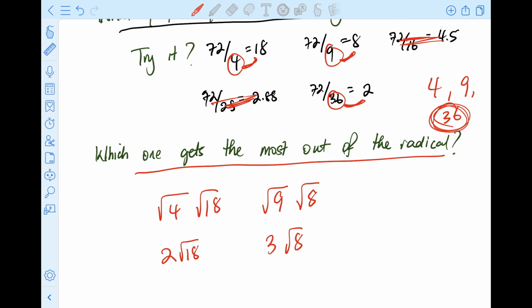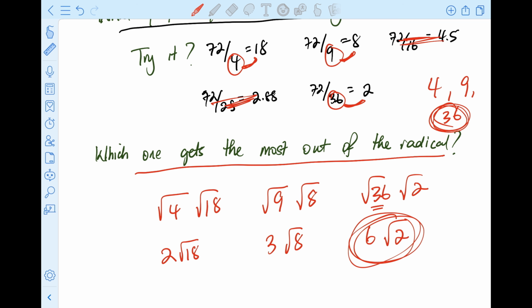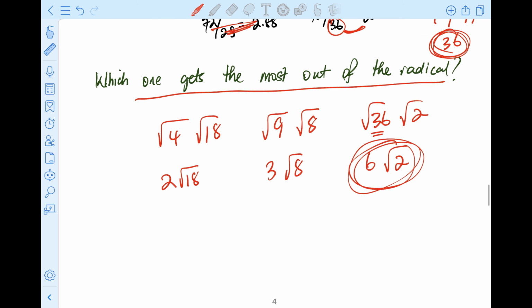And if I use 36, square root of 36, square root of 2, I end up with what? 6 root 2, because the square root of 36 is 6. The one that gets the most out of the radical is this one, because I'm left with the smallest number in the radical, right?